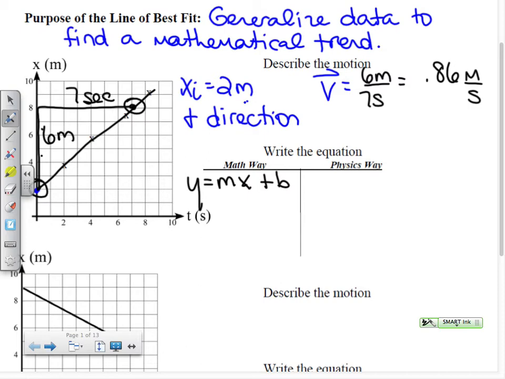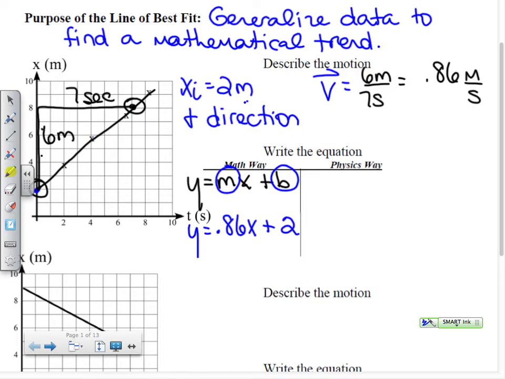In math class, you would replace the m with the slope of the line, and you would replace the b with the y-intercept. So you would rewrite this equation: the slope is 0.86, then x comes down, and our y-intercept is 2. That's how you would write it in math.